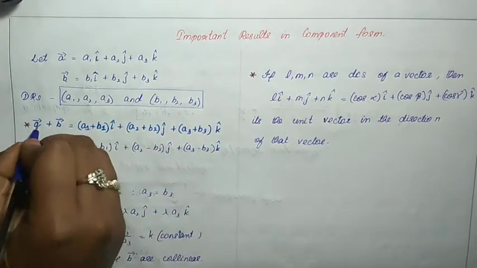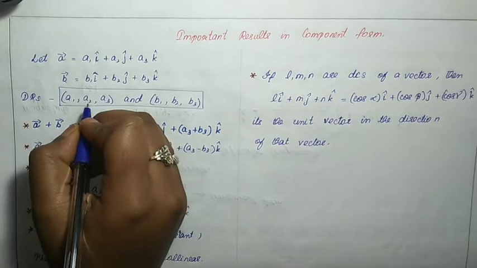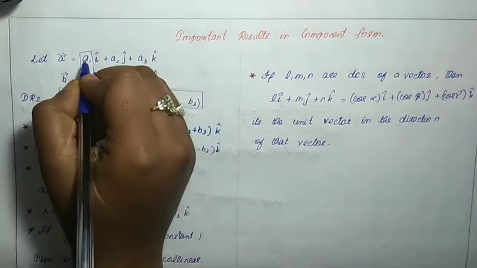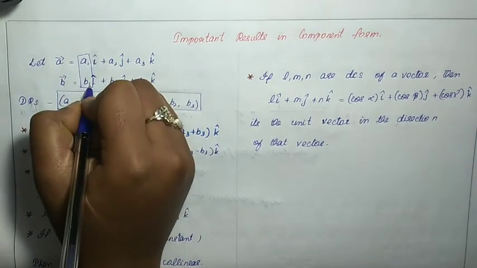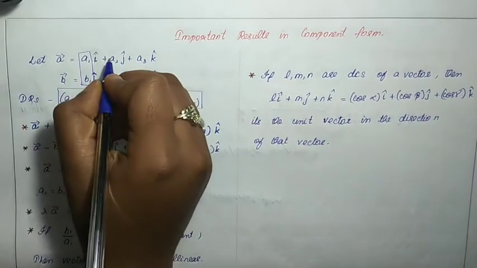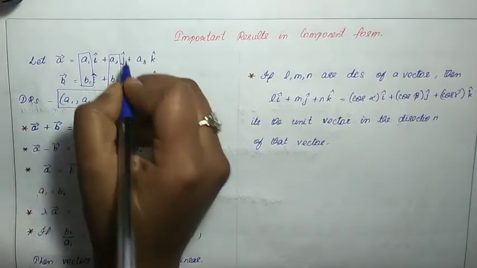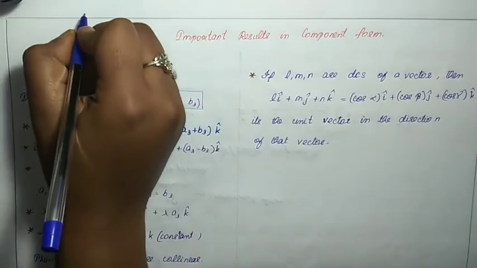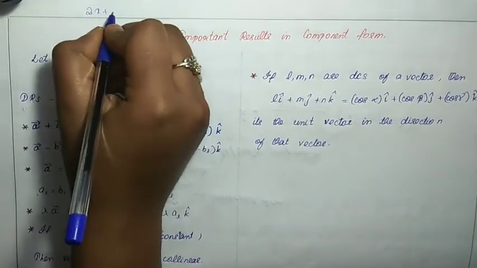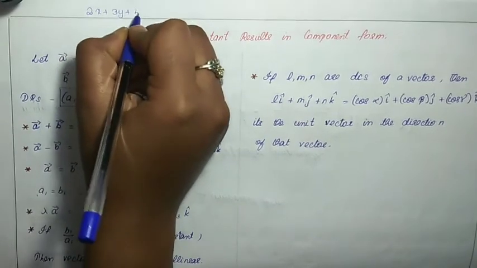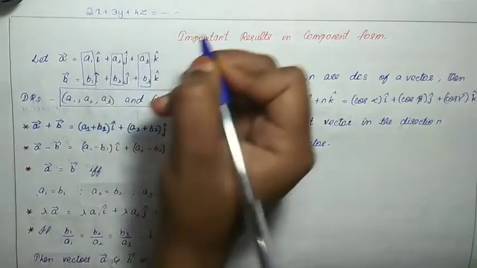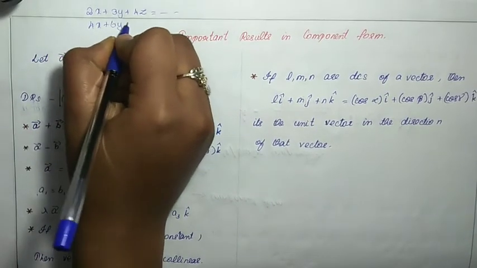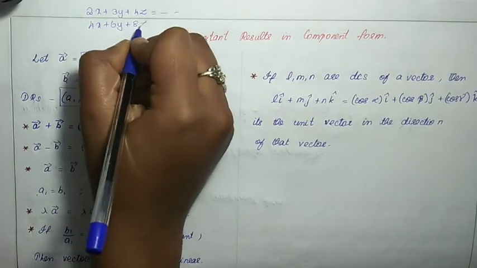So a vector plus b vector, how will I write it? I will be just adding the corresponding ones: a1 plus b1 i cap, then a2 plus b2 j cap, a3 plus b3 k cap, as we do for algebra, right? So say we have 2x plus 3y plus 4z equals something. Next we have 4x plus 6y plus 8z equal to something.